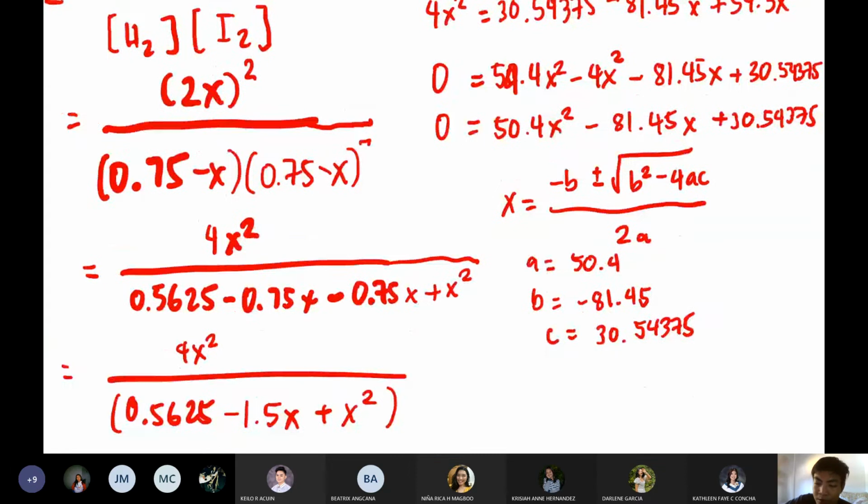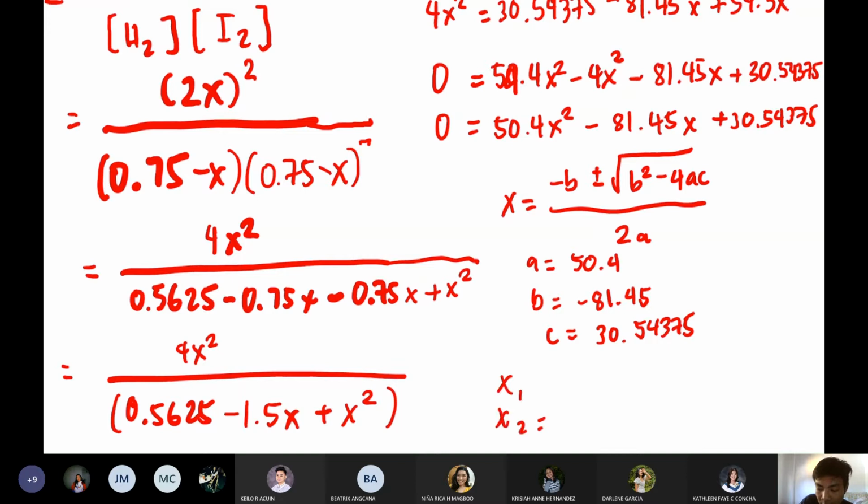Okay, so I'm not going to show you how I will plug in a, b, and c, because we already did that in our high school algebra. Okay, so since we know that a, b, and c are equal to these numbers, you just type it into this equation, type it in your calculator, and then we will get two x values.